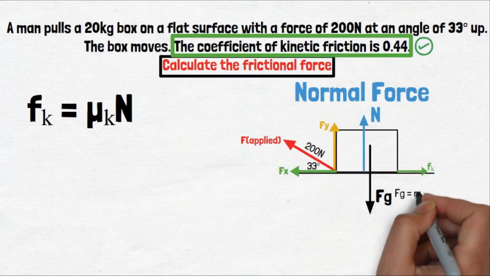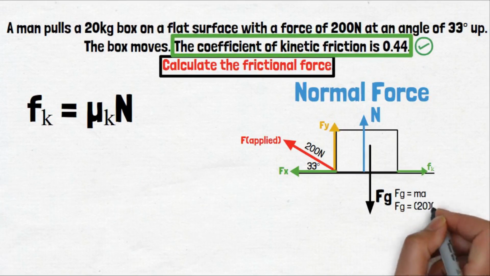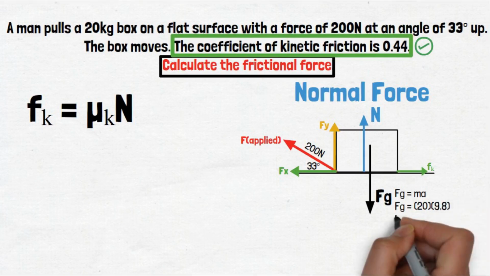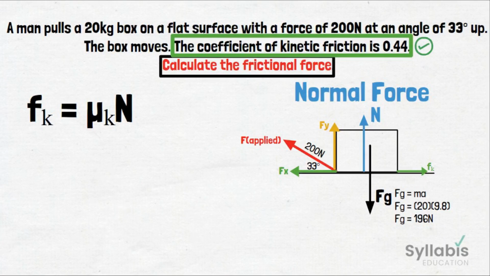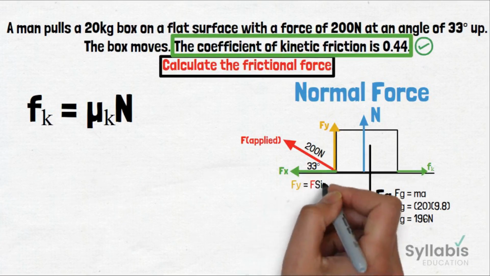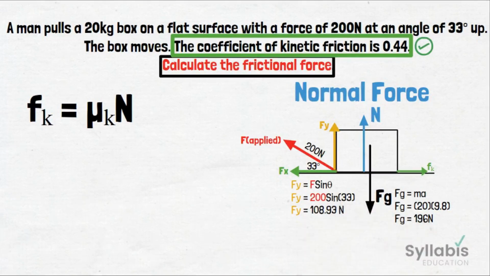Gravitational force is equal to mass times acceleration. Remember that the mass must be in kilograms and the gravitational acceleration is 9.8. Remember that the vertical component is the force multiplied by sine of the angle.